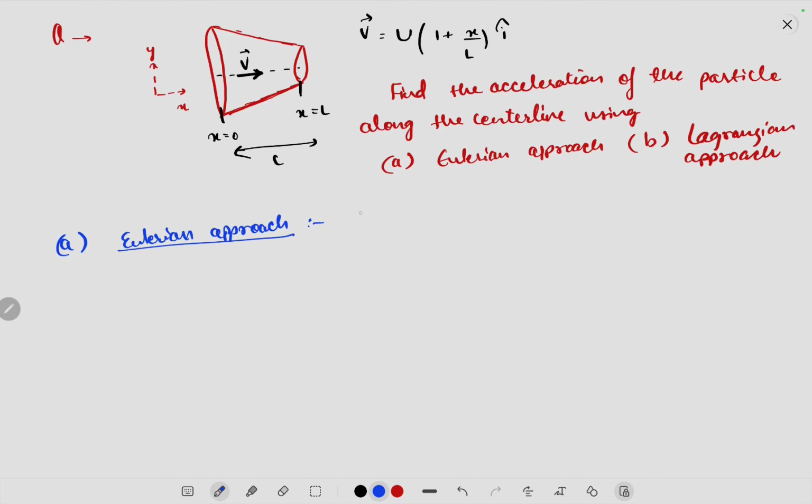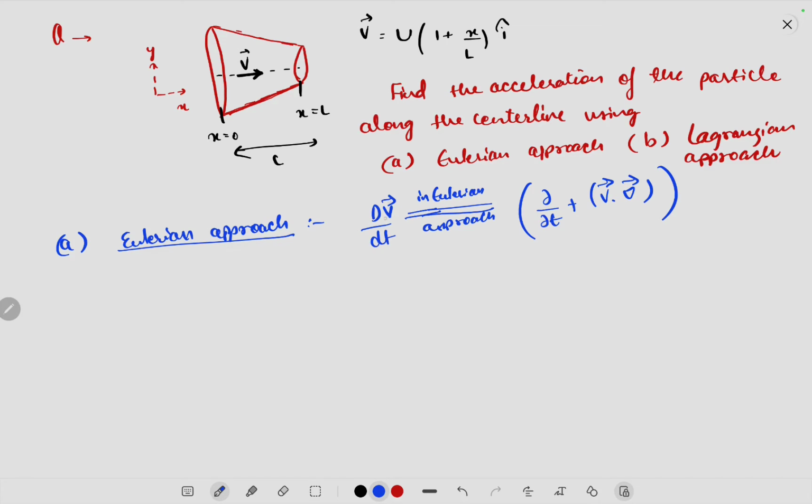In the Eulerian approach, we just derived that the acceleration is nothing but dV by dt, and in the Eulerian approach this is equal to del by del t plus V dot grad, acting on the quantity that we are measuring.